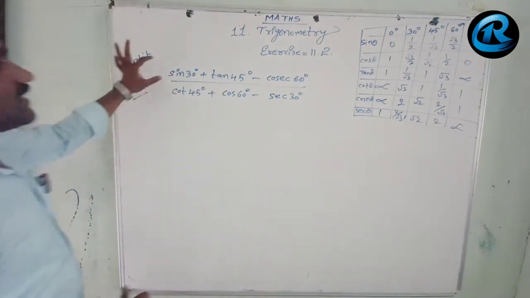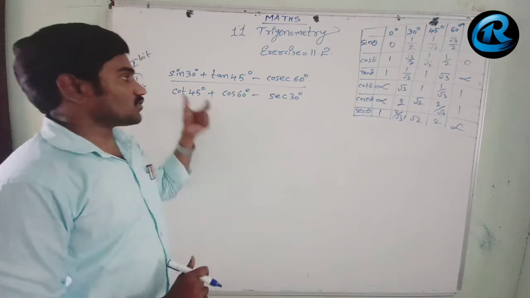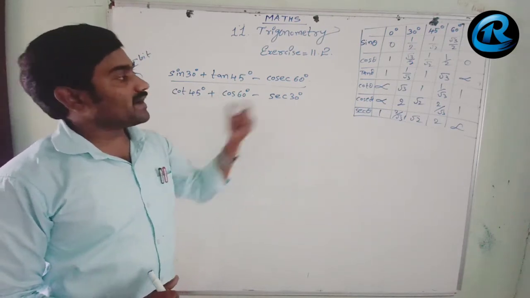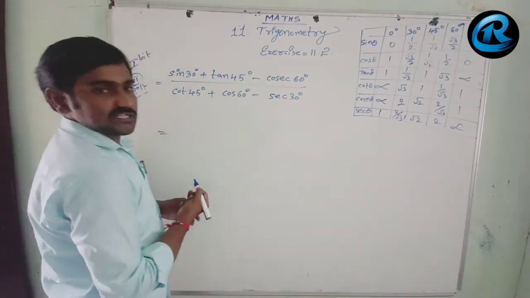Third question, that is sin 30 degrees plus tan 45 degrees minus cosec 60 degrees whole by cot 45 degrees plus cos 60 degrees minus sec 30 degrees. Let us substitute the values from the trigonometric ratio table.